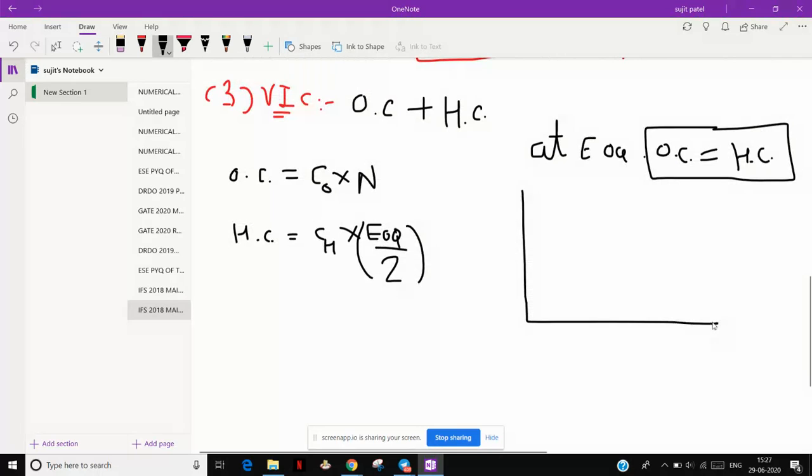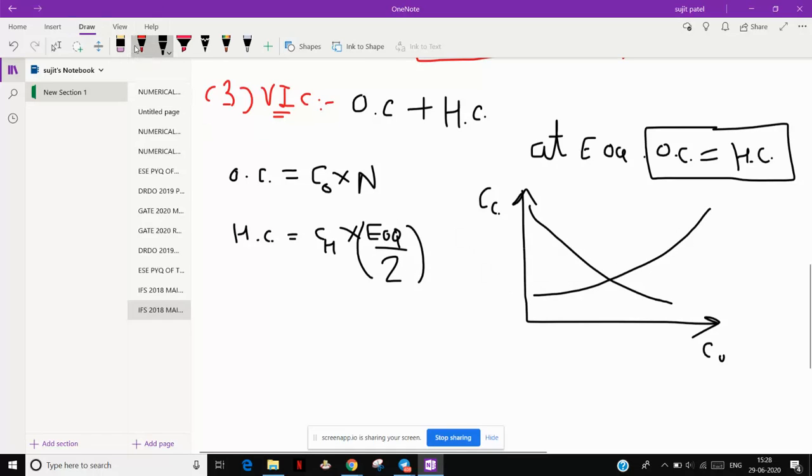When you draw this graph of inventory, this is the carrying cost and this is the ordering cost, against the number of units. As we decrease the number of units, the carrying cost will decrease, and as we increase the number of orders, the cost of ordering will go high.